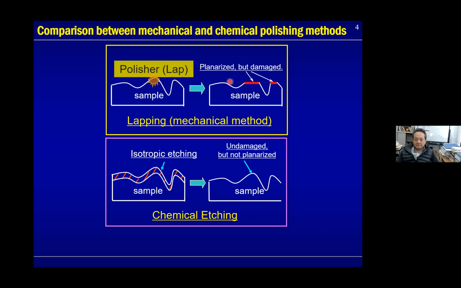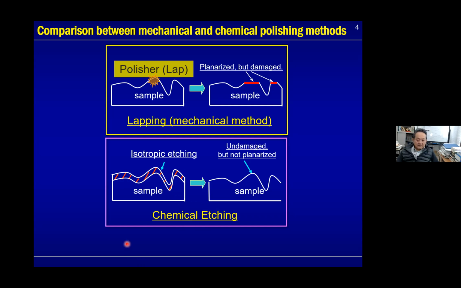But the flattened area has mechanical damage. In contrast, in chemical etching, especially in the isotropic etching method, all the damaged layer can be removed. But there is no mechanism to realize a flat or smooth surface. So this kind of method cannot be used generally as a flattening method.